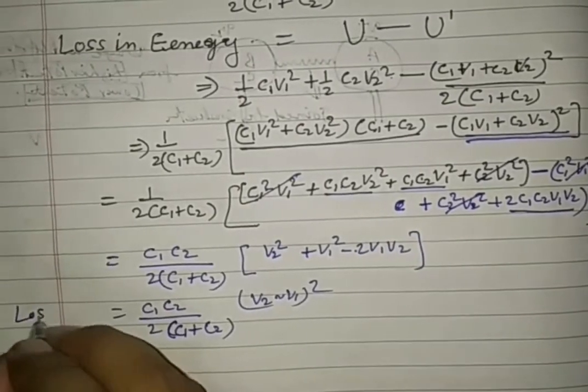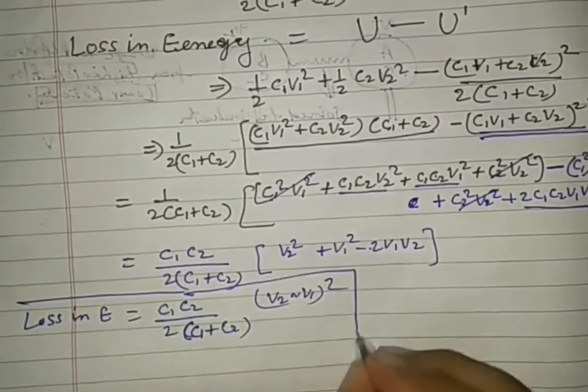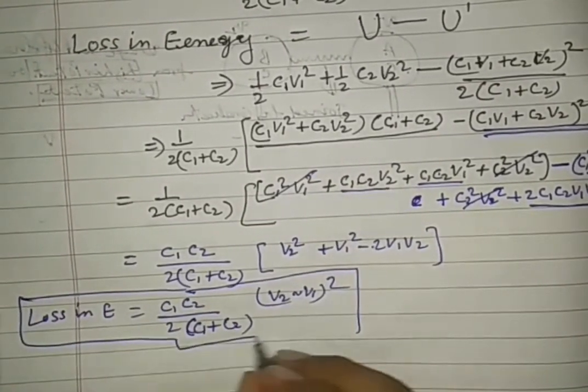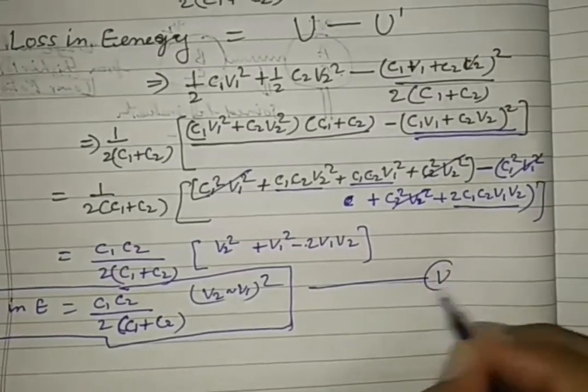This is the loss in energy. It is represented by one more equation, equation number 6.